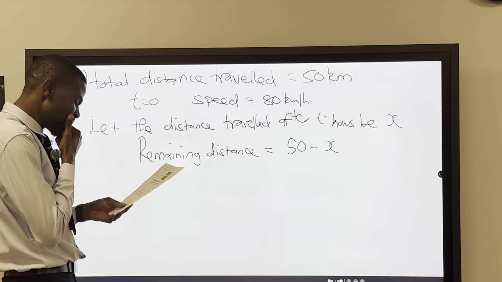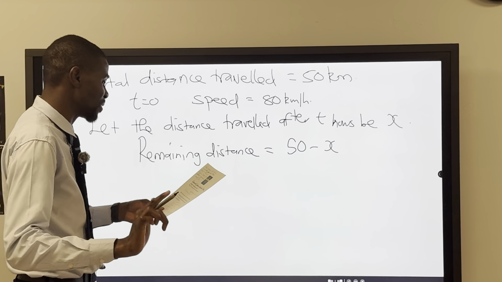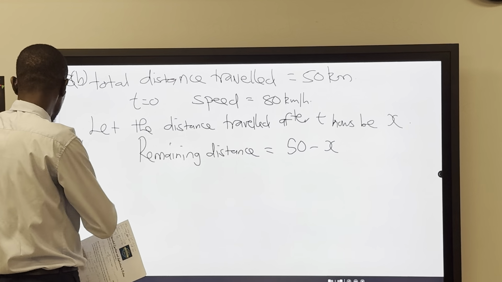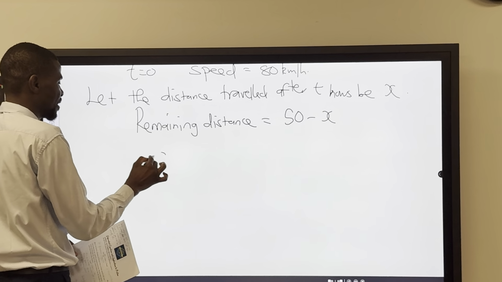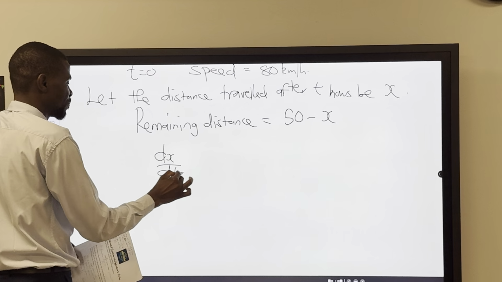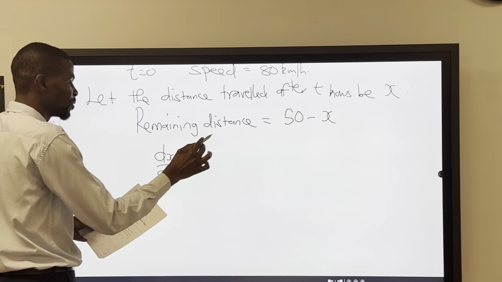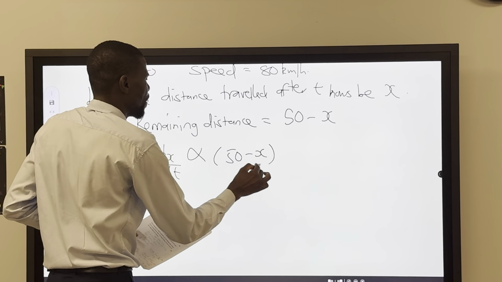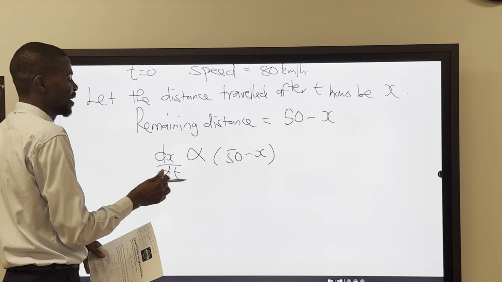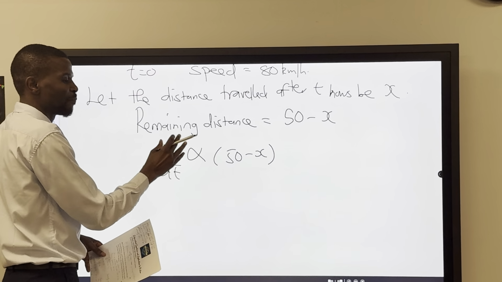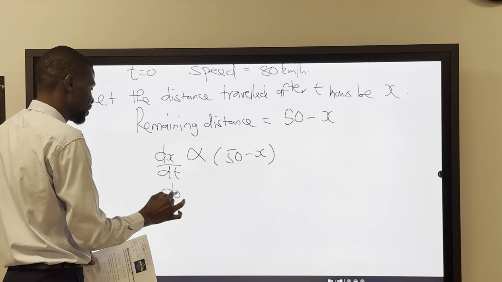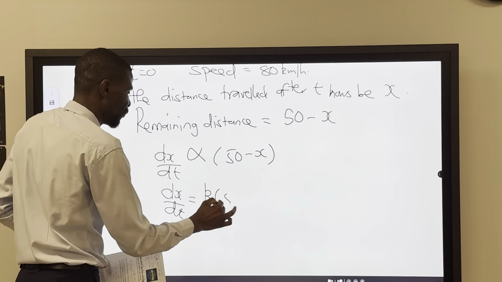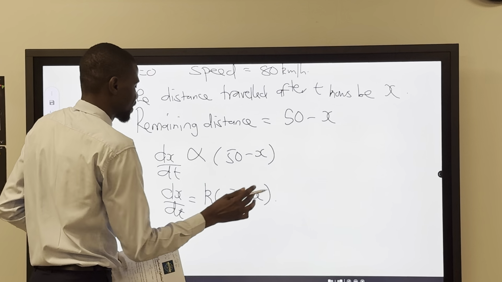So now the question says, given that the car speed, since we have let that distance be x, the speed now, dx/dt, is proportional to the remaining distance, 50 minus x. And every time we replace the proportionality sign, we put an equal sign and a constant, so dx/dt = k(50 - x).